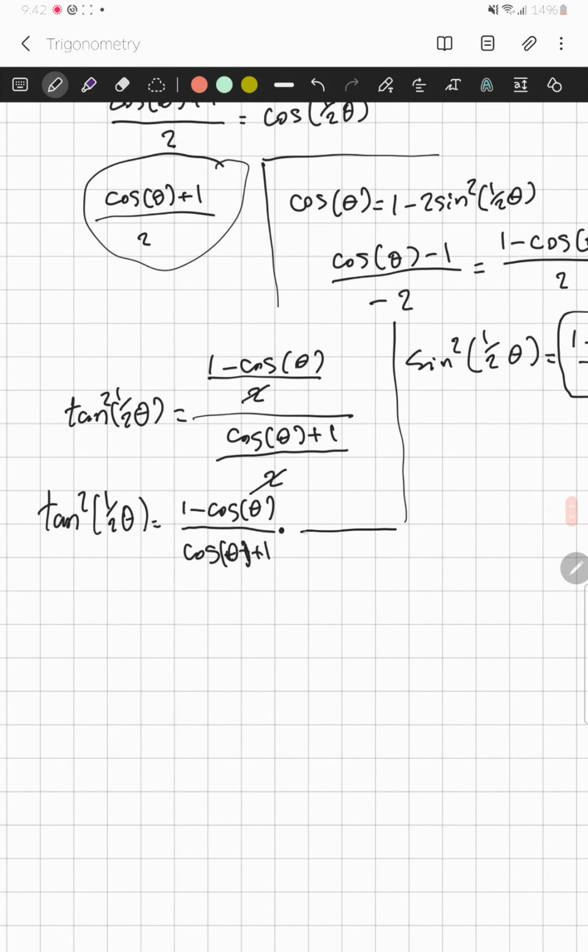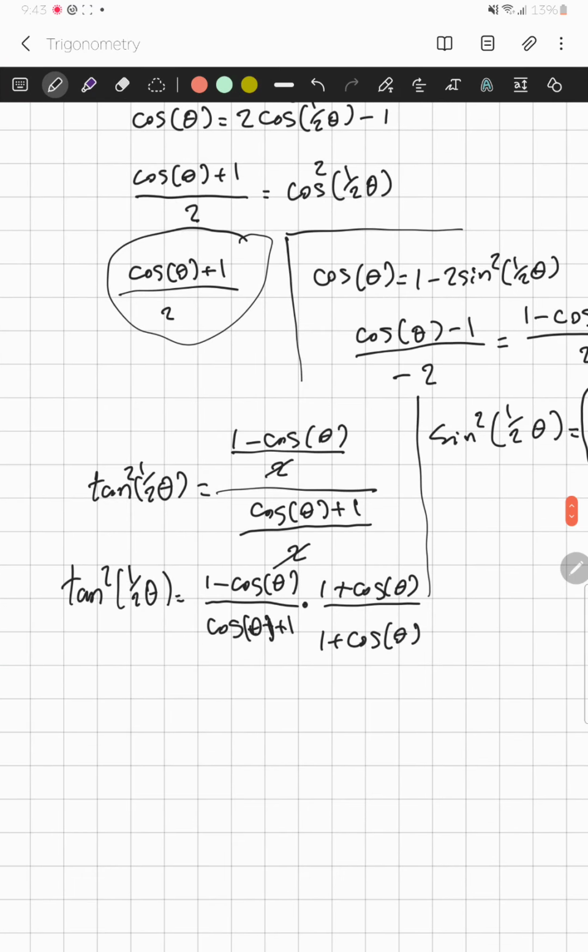We multiply then by the conjugate. By what? The conjugate. We get 1 minus cosine squared theta over cosine theta plus 1 squared.